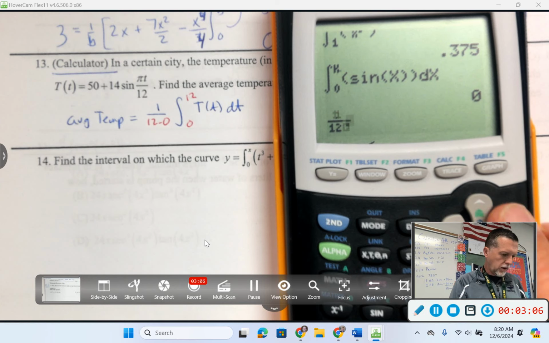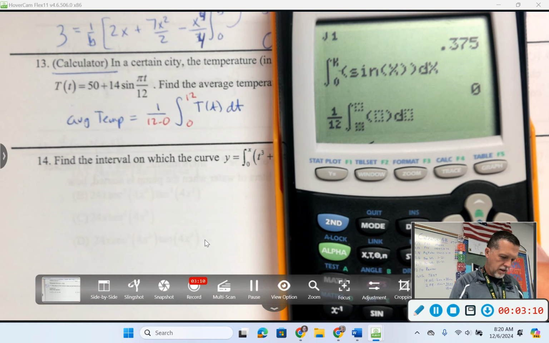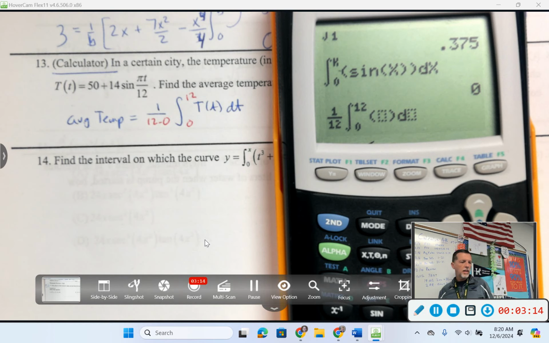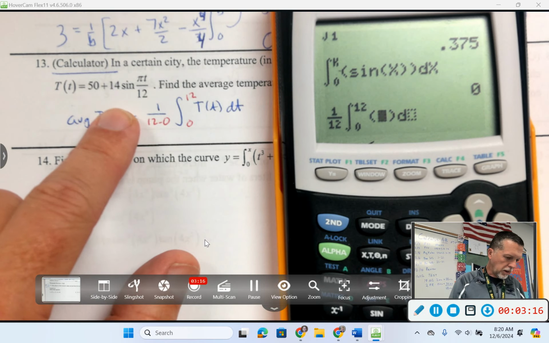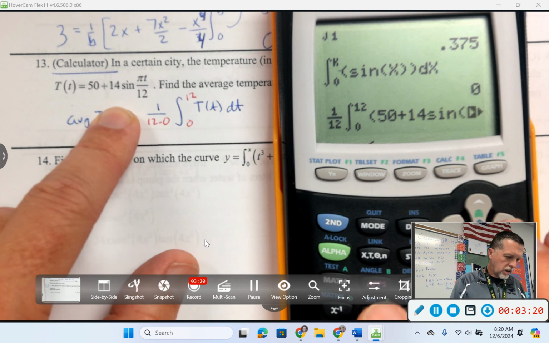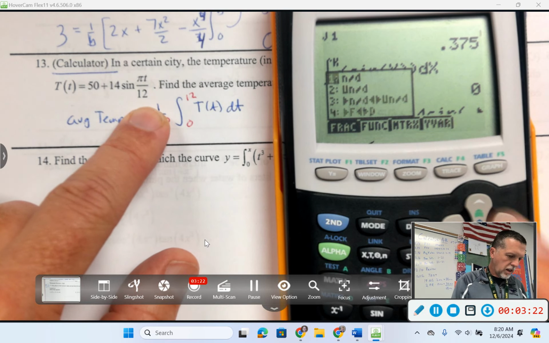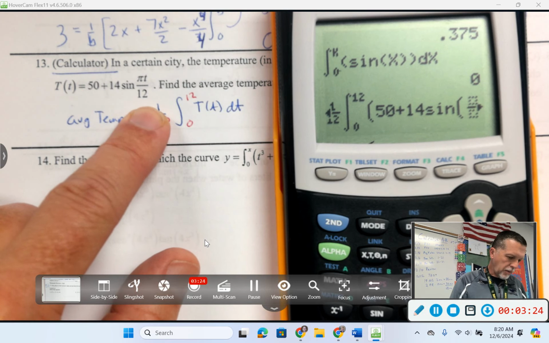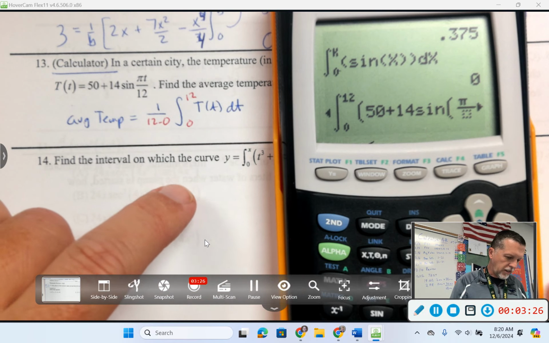So 1/12, math 9, 0 to 12. Obviously, I've got to type in that equation here. 50 plus 14 sine. I like my fraction bars. Make sure I've got everything in the right spot.